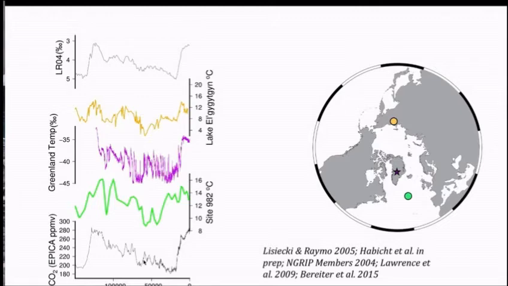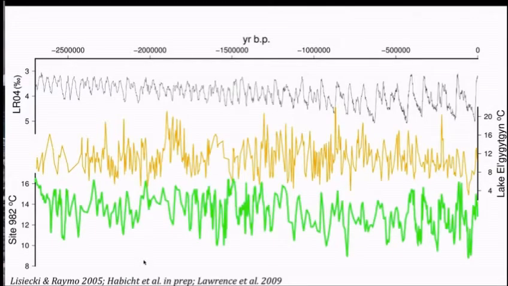And the benefit of both these records is they actually extend over the time period of interest. You can see here, compared with the benthic oxygen isotope stack, going back more than 2.5 million years, we also have high resolution reconstructions of this terrestrial temperature from a crater lake in Siberia and sea surface temperature from the North Atlantic. And so I'm going to use these records to drive the ice sheet model.